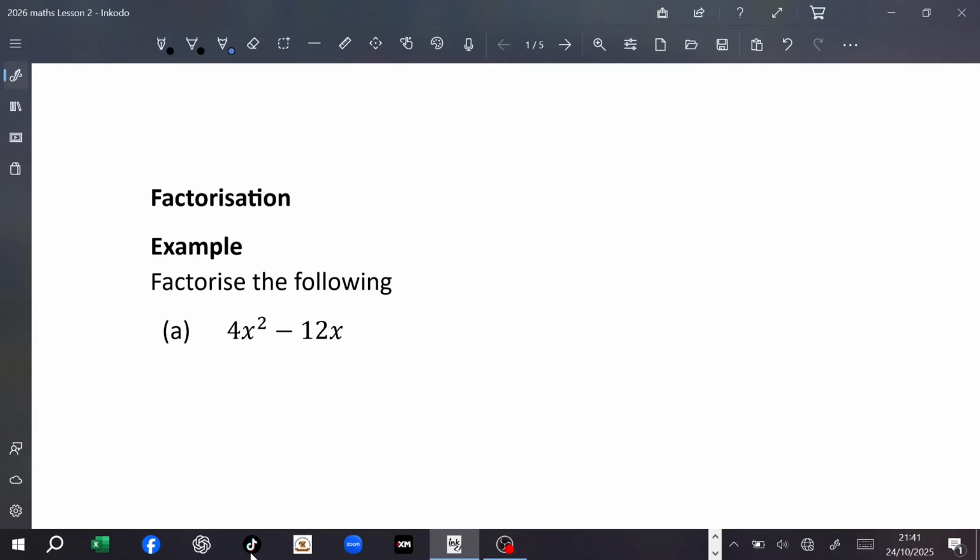So today's mathematics lesson will be on factorization. Under factorization, we will look at normal factorization.